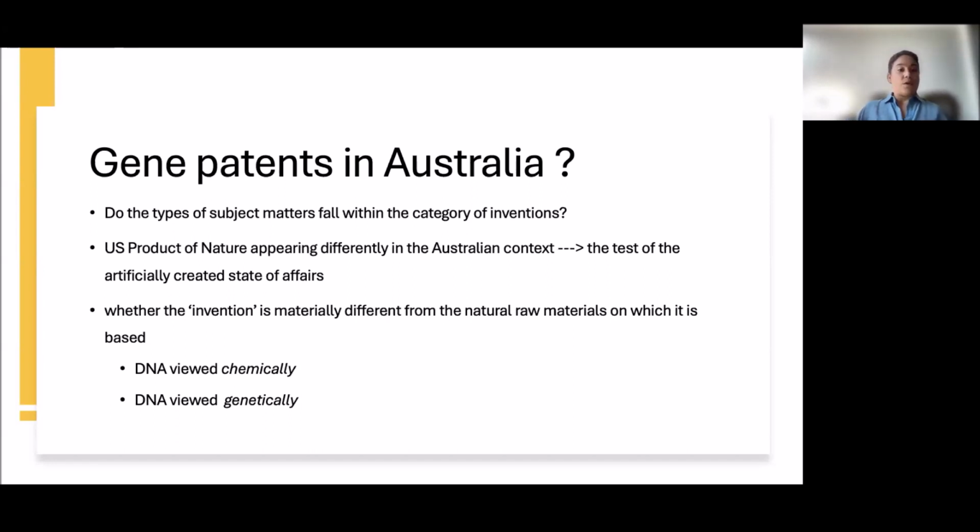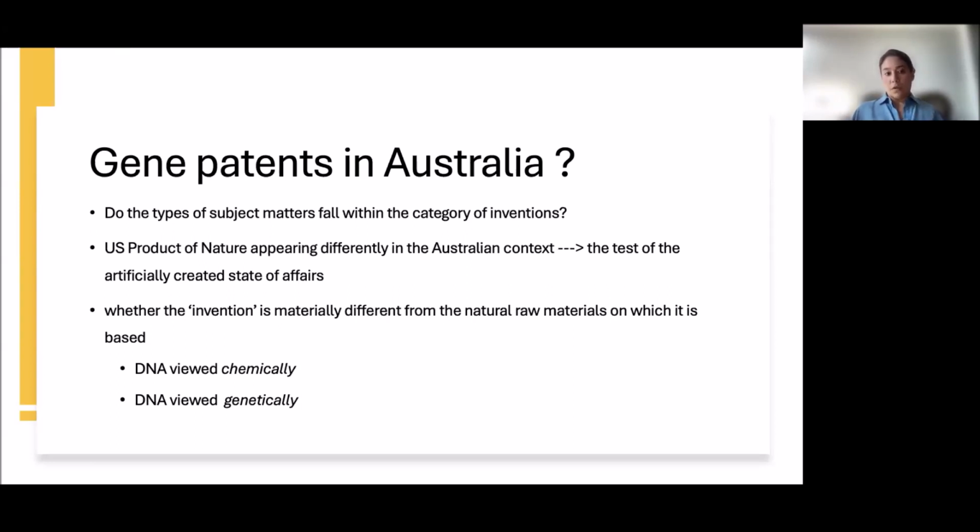If the DNA is viewed as a chemical substance, then one could say that it's materially different when it's isolated. But it's the genetic features of the DNA; it carries all the information. It's not just a chemical compound with no extra function of carrying the genetic features of a human.